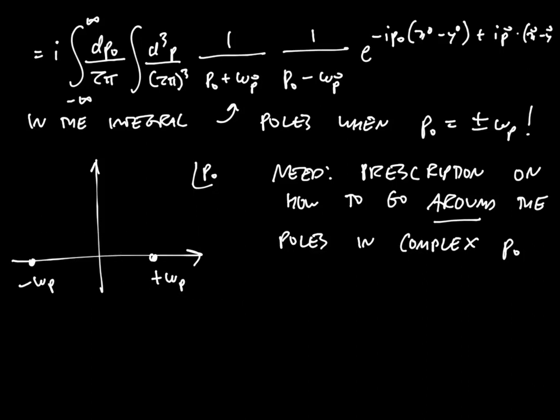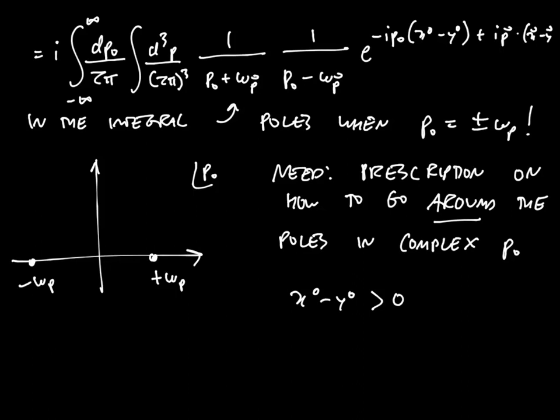Okay, so let's take a step back and think about this for a second. There are various things that we want. First, let's take x naught minus y naught to be greater than 0. If x naught minus y naught is greater than 0, then when we do this integral, we have to complete the contour below for the integral to converge.